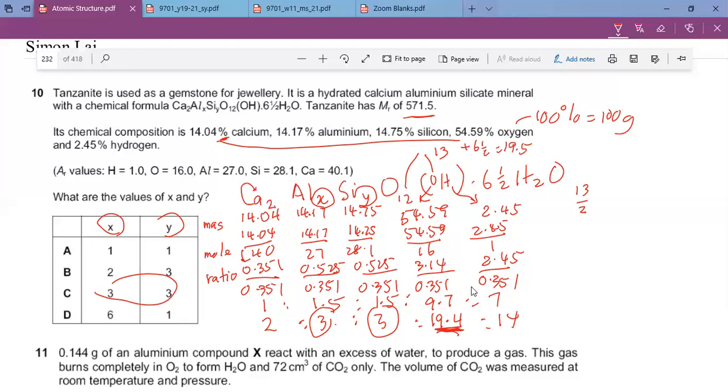So it's 19.4. Hydrogen here is 1, 6.5 is 12, 13 over 2 times 2. So it's 13, 1 plus 13, 14. Okay, very good. Now, 20 more minutes, let's do the next one.